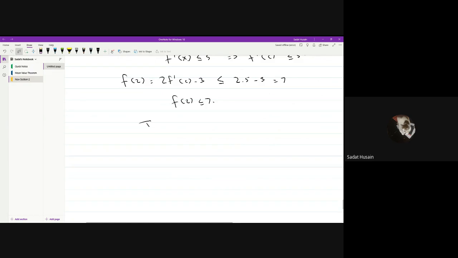That means the highest possible value of f of 2 is 7, because f of 2 is either 7 or less than 7. So the highest possible value has to be equal to 7.